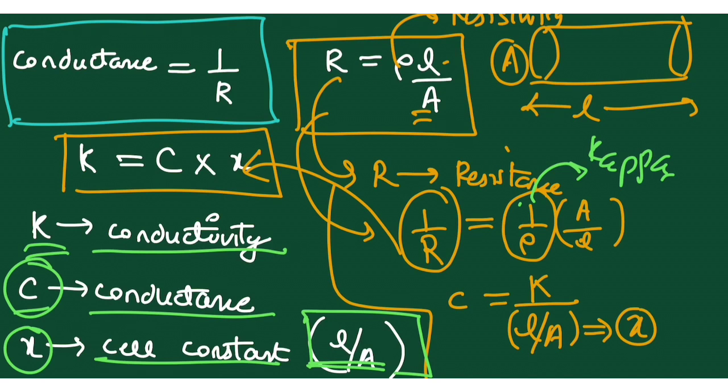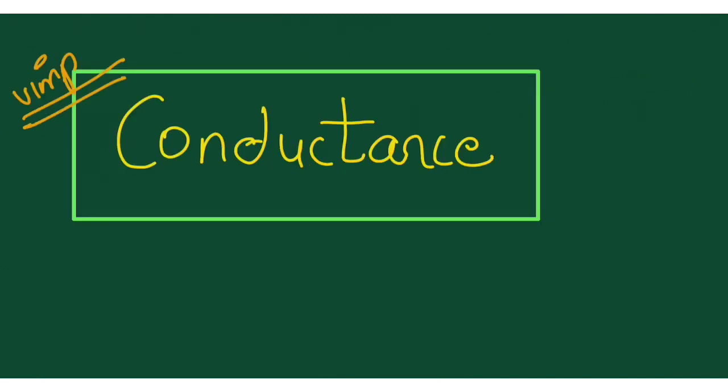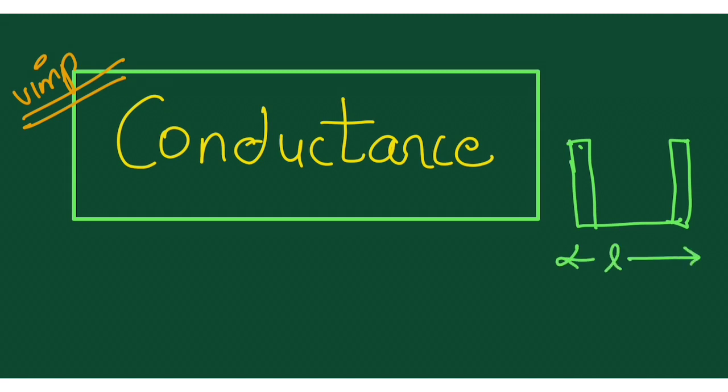One thing I want to tell you in conductance: first of all, we are taking a cell, which has electrodes. We are talking about L as the distance between the electrodes and A as the cross sectional area of the electrodes. One more very important thing to keep in mind: you have to stick to one unit only.